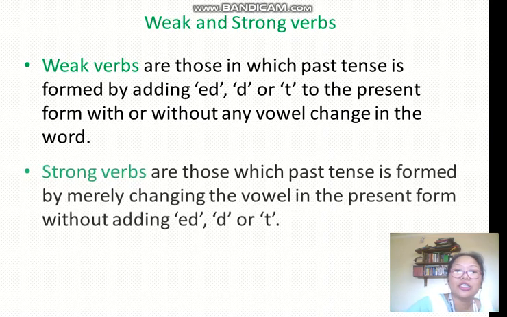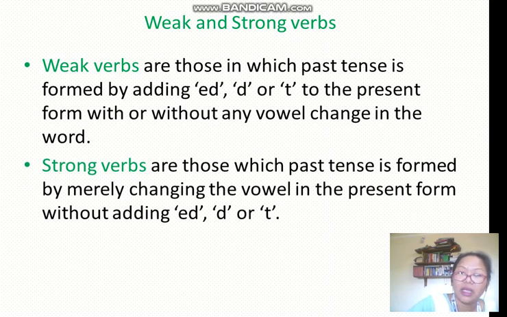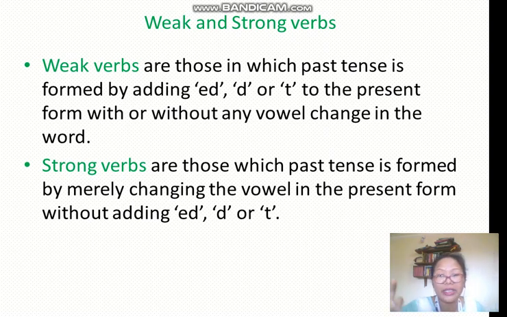Okay, strong verbs. Strong verbs are those whose past tense is formed by merely changing the vowel in the present form, without adding ed, d or t. This is the difference. Remember this.